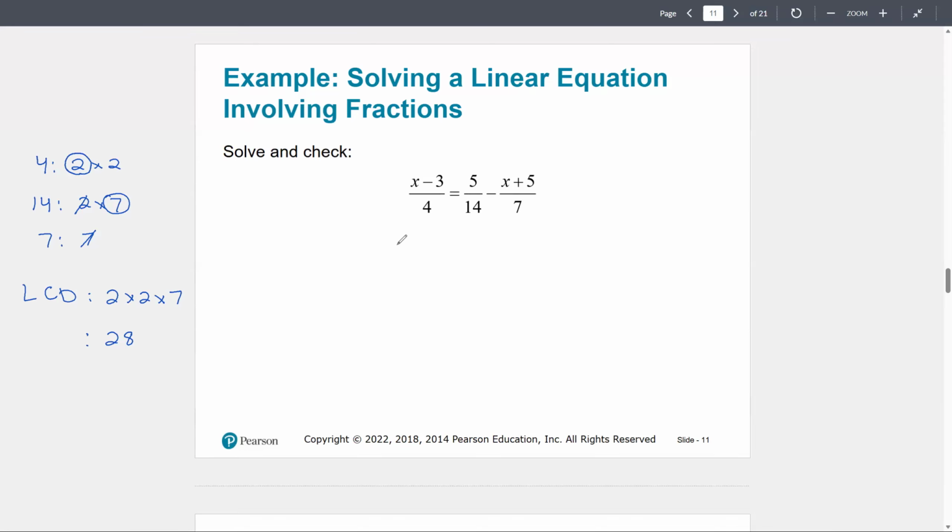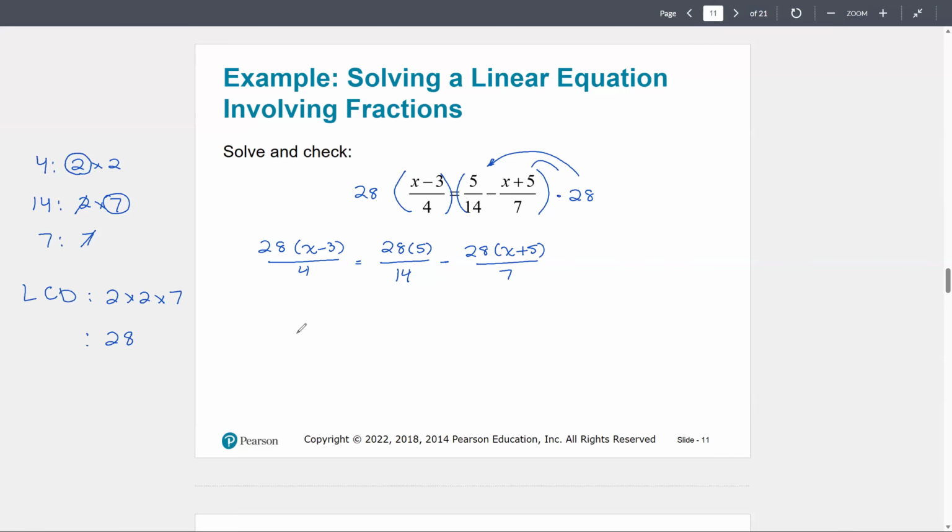So what I can do here is I can multiply both sides of this expression by 28. And what we're going to see here is that we got 28 times x minus 3 divided by 4 is equal to, and this one's going to distribute, 28 times 5, just leave it as is, over 14, minus 28 times x plus 5 over 7.